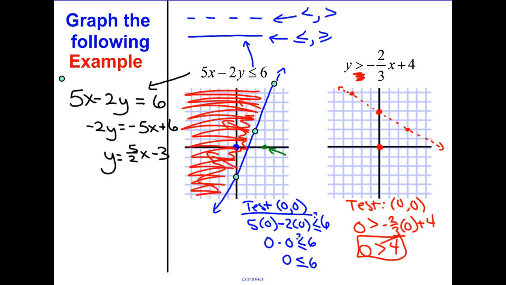Is that true? No, that's not true. 0 is not greater than or equal to 4, or sorry, it's not greater than 4. So we know that this point is not a solution. So I know that everything on the other side of the line is a solution. Now you can plug in some points over there to test them, but I promise you they'll all work.